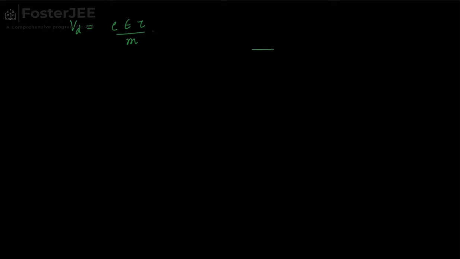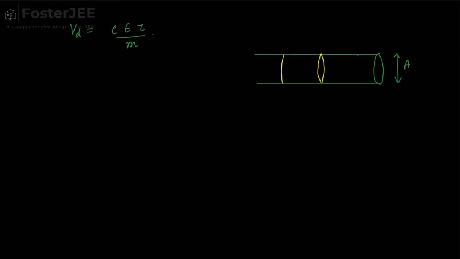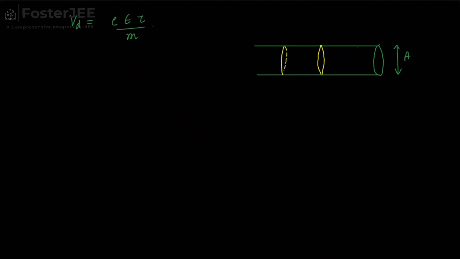Suppose we have a conductor. This is a cylindrical kind of conductor having cross-sectional area equal to A. Now, it can be logically stated that if we take a small volume inside this cylinder or conductor, then the rate at which this volume is being moved inside the conductor determines the intensity of current.